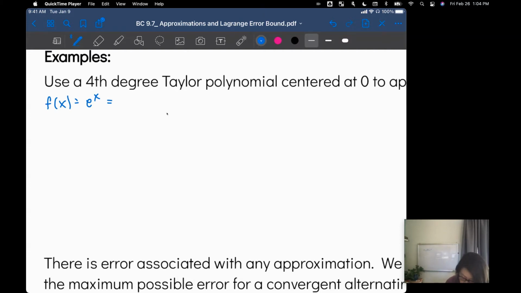All right, we already know that f of x is equal to e to the x, which will expand to 1 plus x plus x squared over 2 factorial plus x cubed over 3 factorial plus x to the fourth over 4 factorial plus dot dot dot.